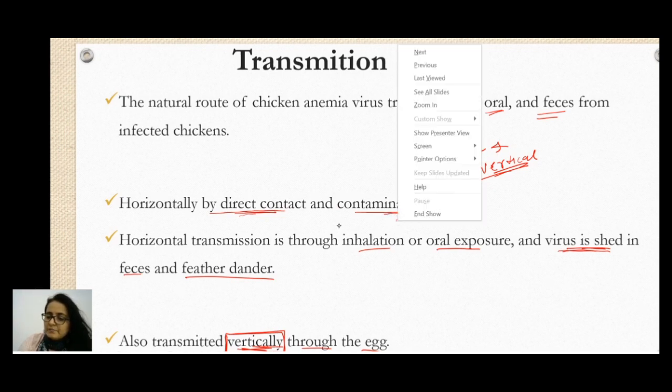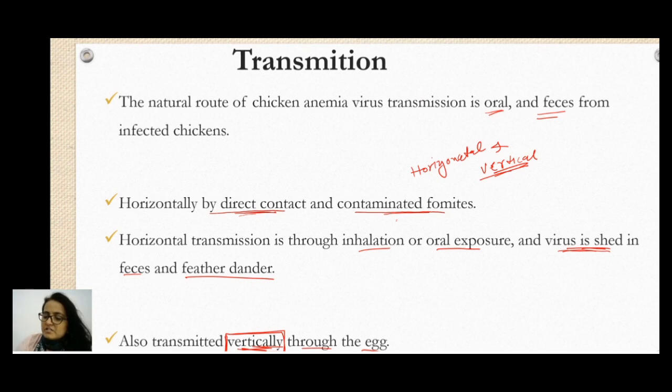The virus also transmits through the eggs if the laying birds are infected. If laying birds are infected, egg production decreases. But if they recover from the disease, the birds lay normally.